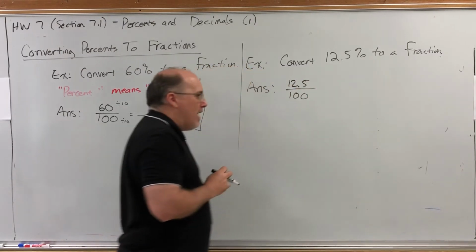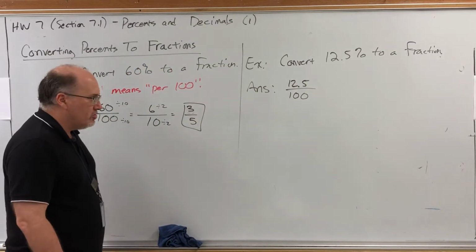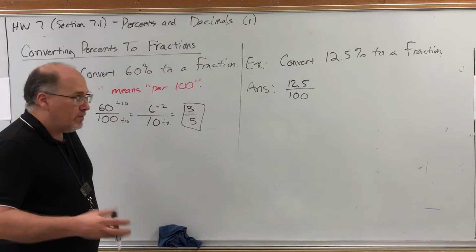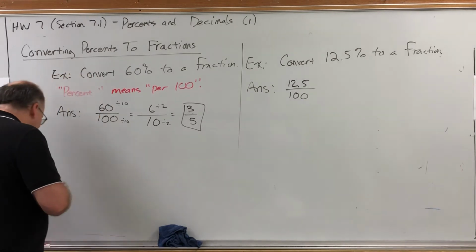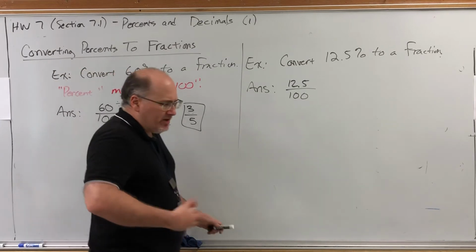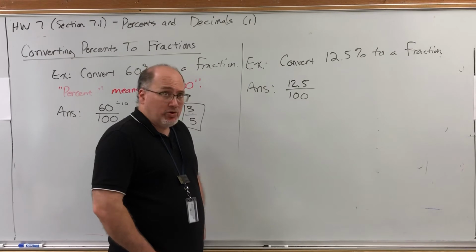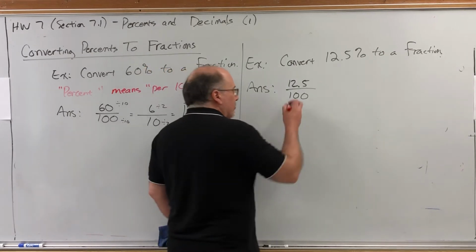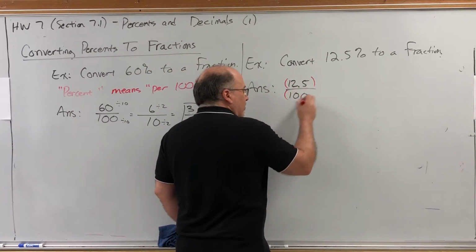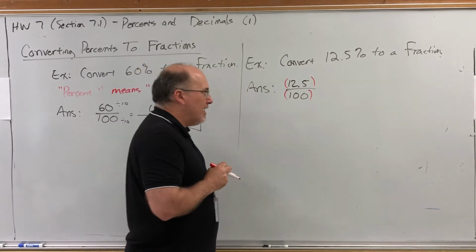But it's considered bad form to have a decimal inside of a fraction. You should have a decimal or a fraction, but not both. In this case, we were kind of forced to set up a decimal inside of a fraction. So now the question is, how do we fix the decimal inside of it? And the answer is pretty straightforward. All you have to do is multiply by a number that will move the decimal to the end. How do you know what number to multiply by?